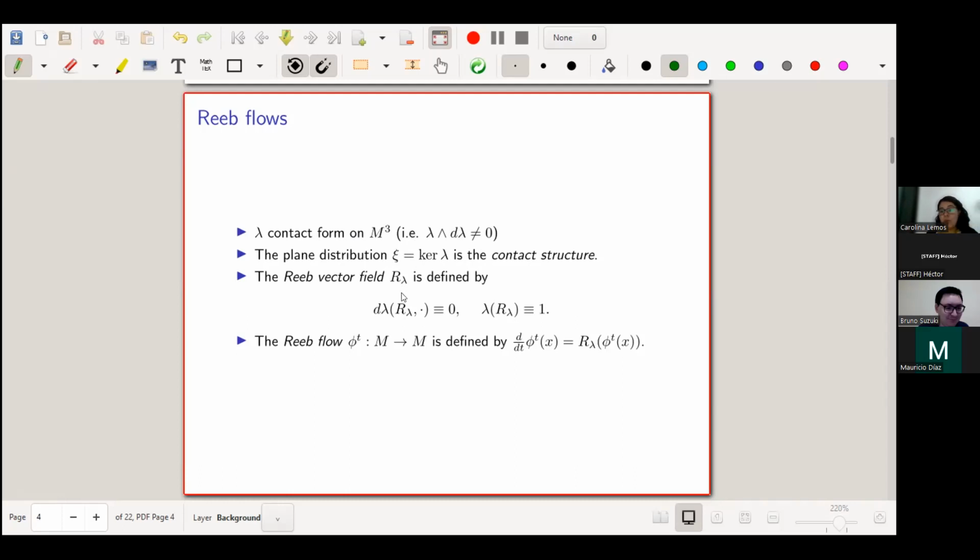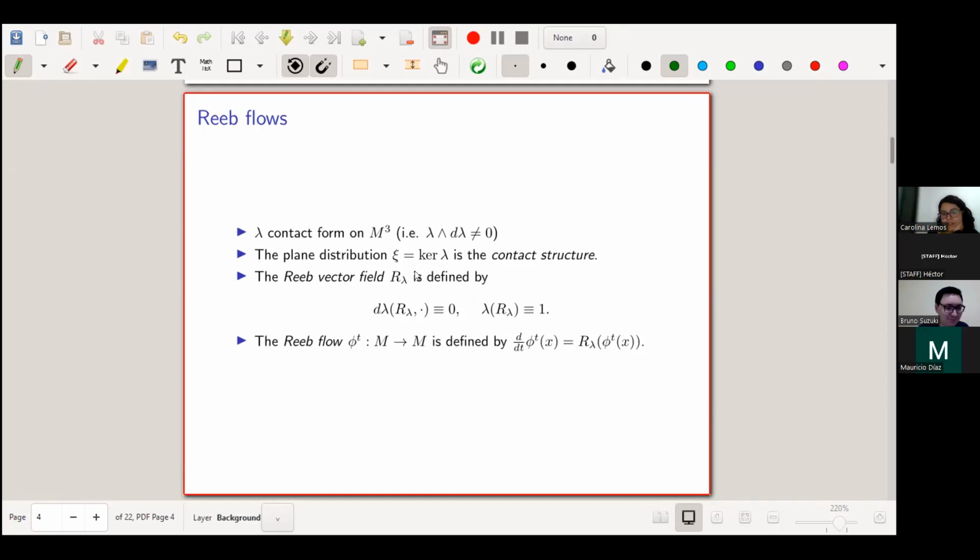And this one-form also defines a vector field called the Reeb vector field, because the kernel of d lambda is one-dimensional. So you can define one direction by saying that it's in the kernel of d lambda, and we define the Reeb vector field by normalizing it, saying that lambda of R is identically 1.